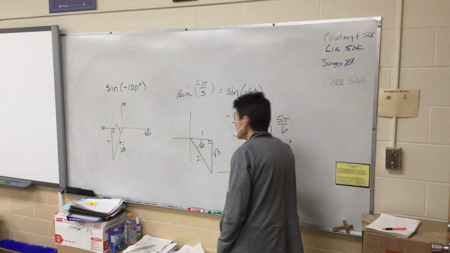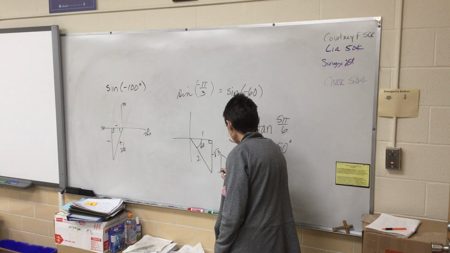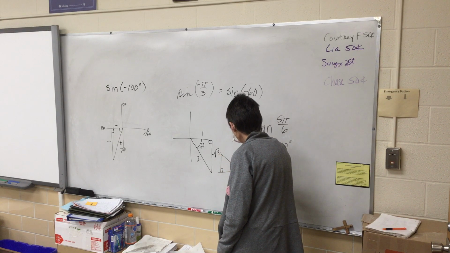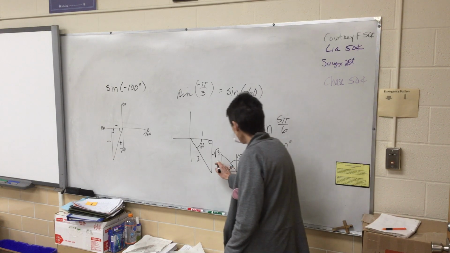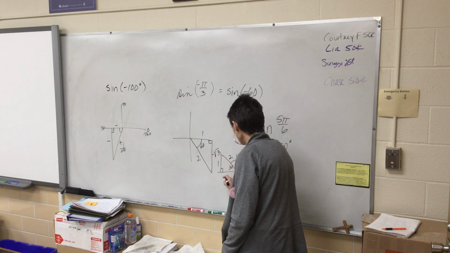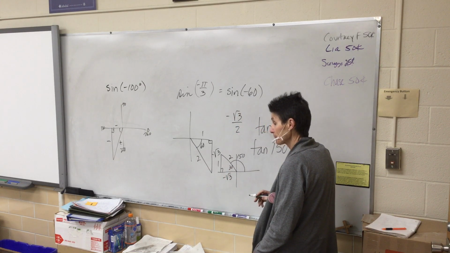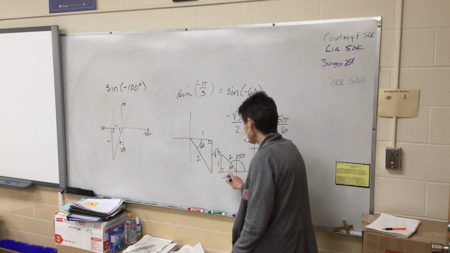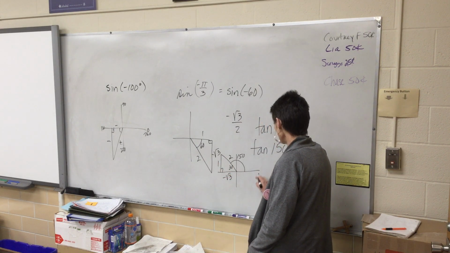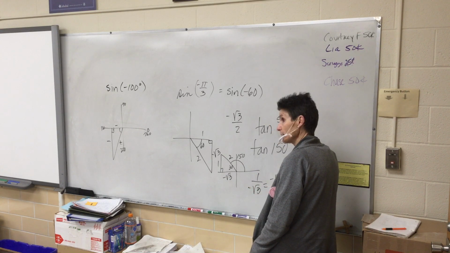Okay, so then you drew 150, and it was over here like this. You said, okay, that's 150, so this has to be 30. That's right. So we have 1, 2, root 3, and that one's negative this time. And we want the tangent, which is opposite over adjacent, so it'd be 1 over negative root 3, or negative root 3 over 3.